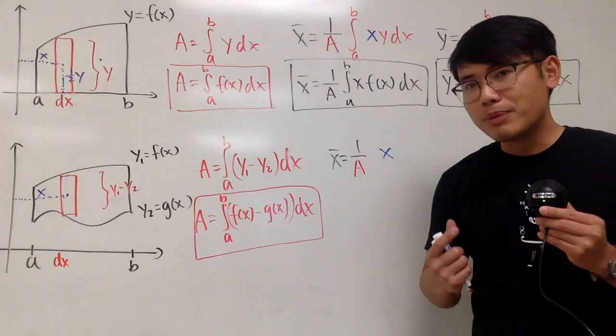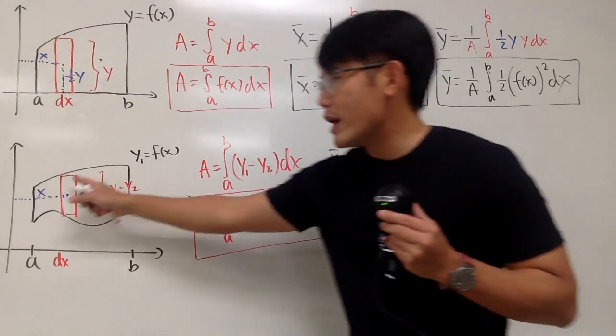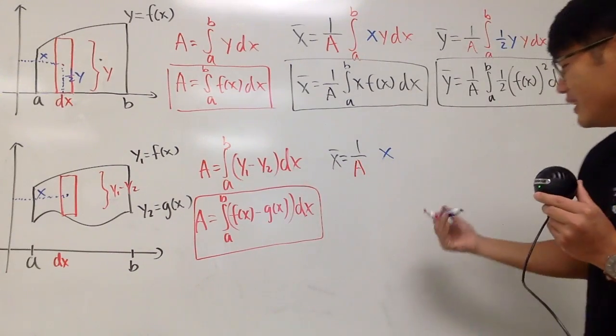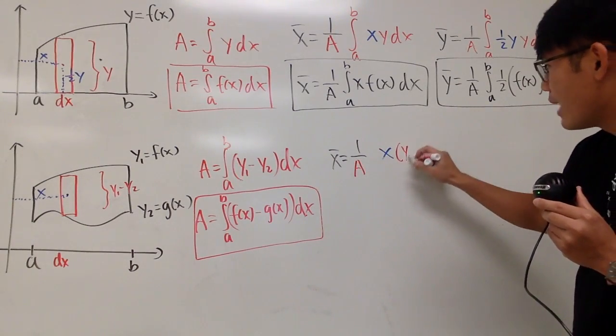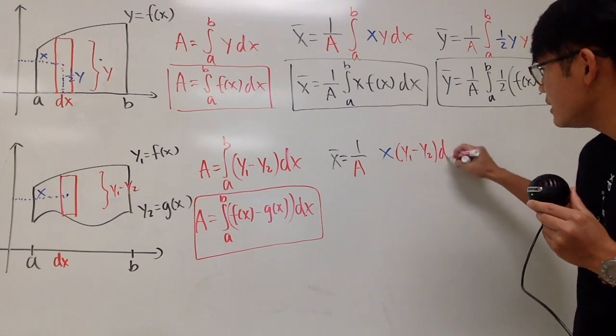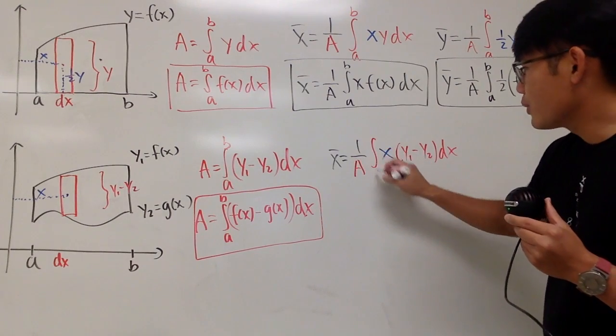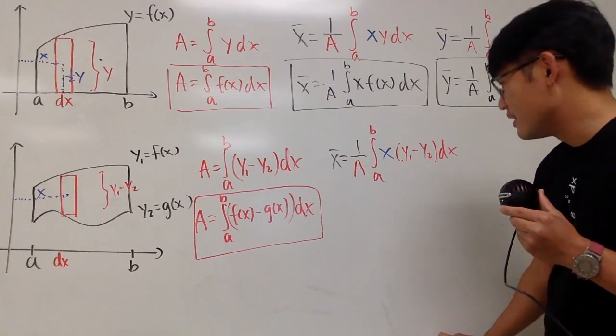And we have to multiply by the area of the rectangle, which is just this part, isn't it? So I will just multiply by y1 minus y2 times dx. Same thing, huh? And then we have to integrate this from a to b. That's the idea.